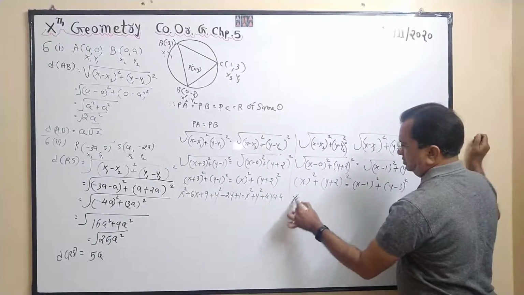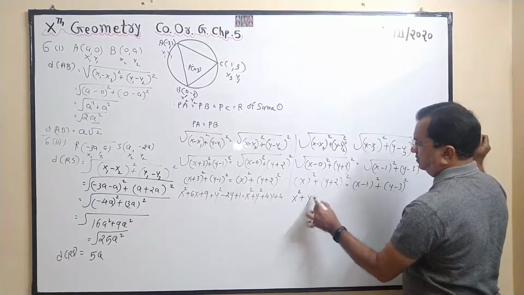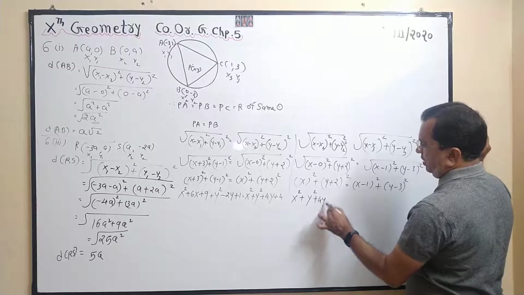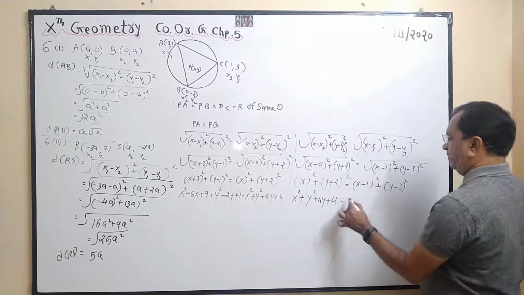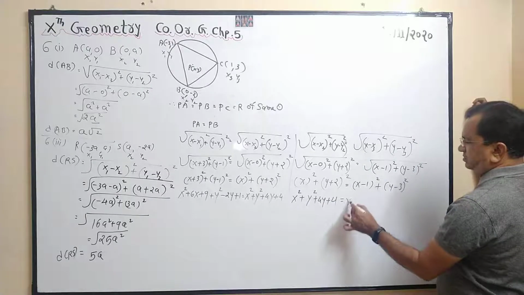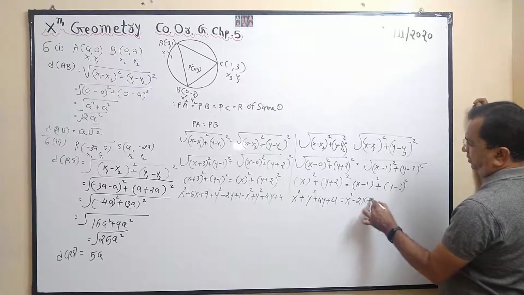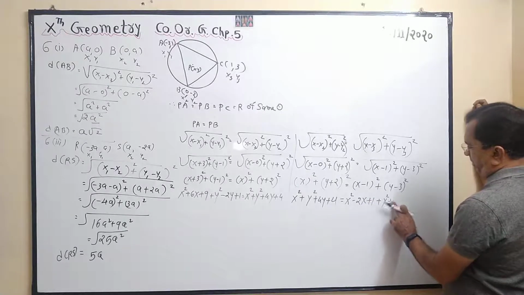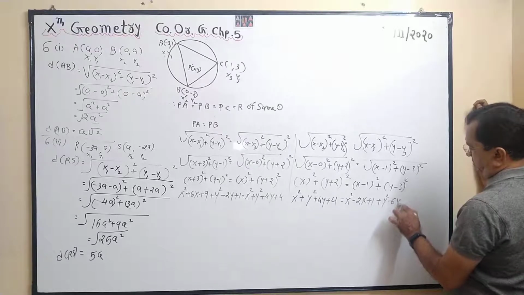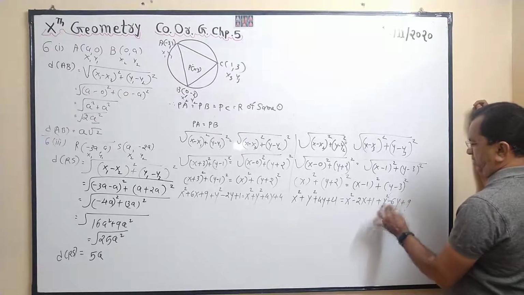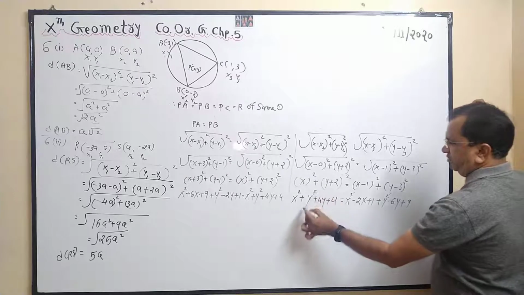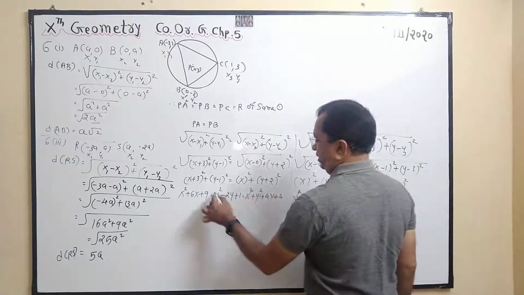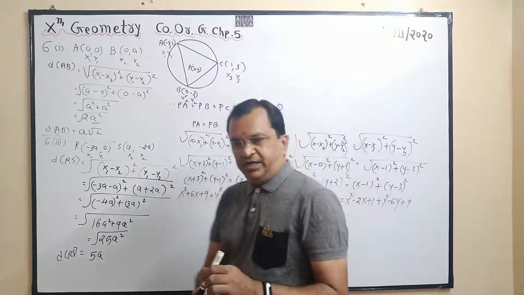Now x square plus y square plus 4y plus 4 is equal to x square minus 2x plus 1 plus y square minus 6y plus 9. The x square and y square terms will cancel.